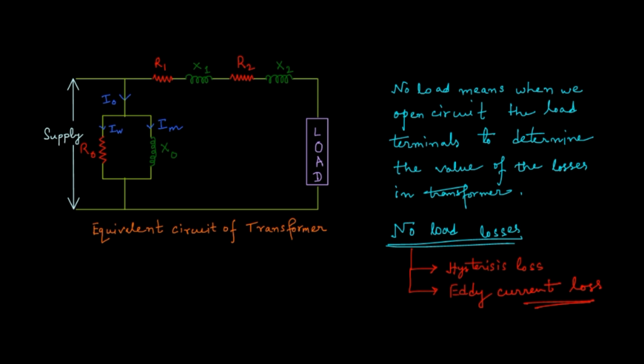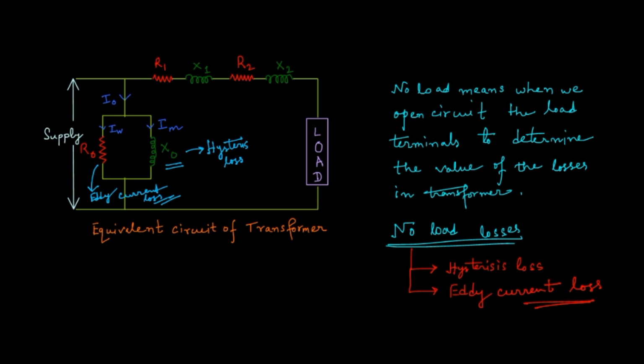In this equivalent circuit, X0, the inductive part of the no-load circuit, provides the hysteresis loss, and R0 provides the eddy current loss component. Clear?